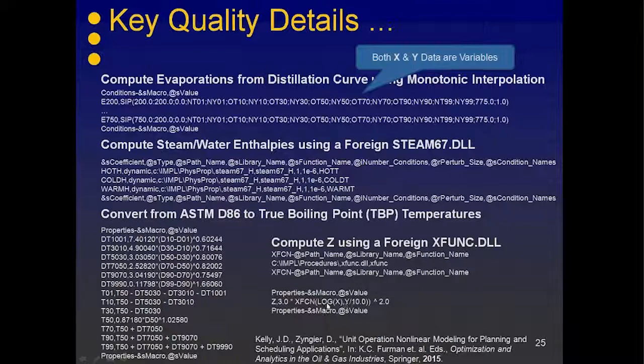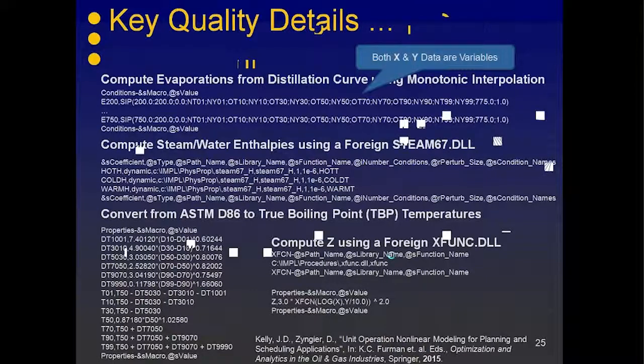And so you can basically extend IMPL to do any sort of nonlinearity that you want. Some of that stuff we talk about, Danielle and I, we're not sure when this book chapter is going to happen, but there's a book chapter on optimization analytics in the oil and gas industries. So we talked about a lot of these details there.